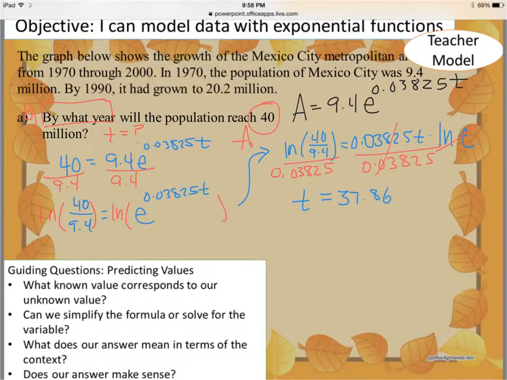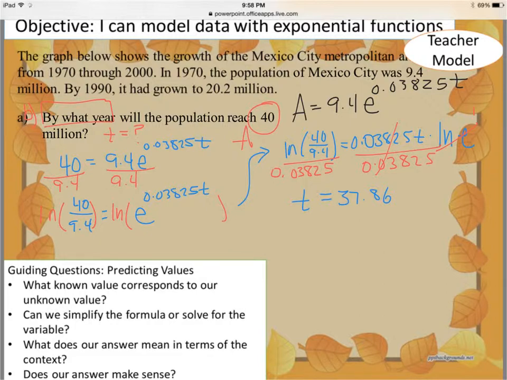Okay, so think about this in context of our problem. They want to know what year the population will reach 40 million. And we got t equals about 38. I'm actually probably going to round up to the nearest year for my final answer. So we want to convert that to the year.